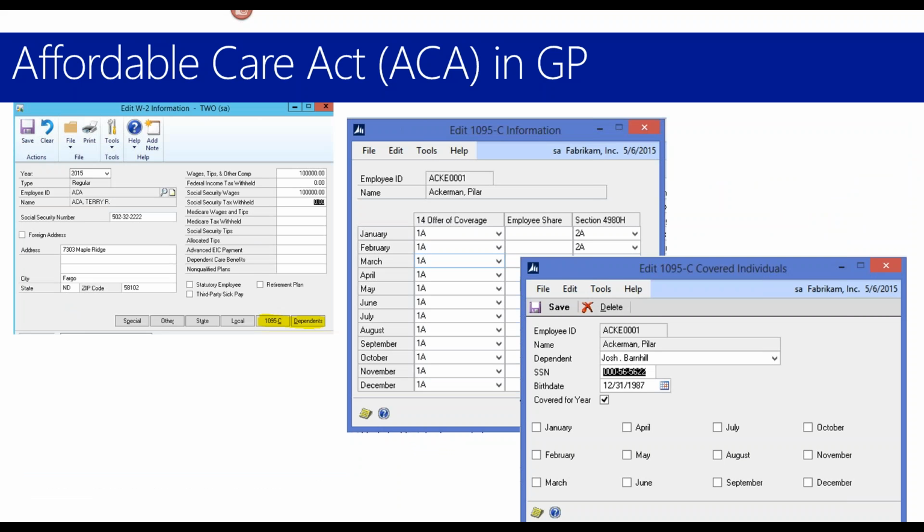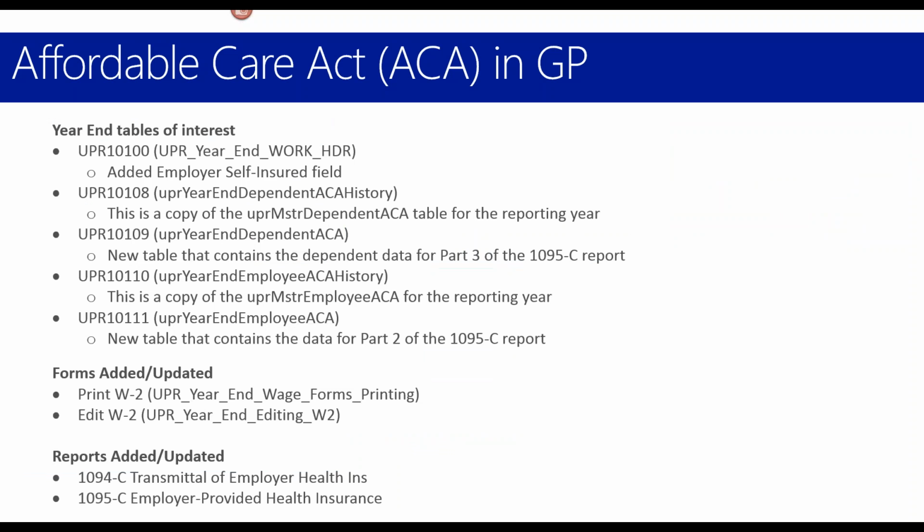In addition, on the Edit W-2 screen, two more fields were added, and this is where you can override any information that comes over. So if it comes over there, you can override it. Again, for people tracking this information, year-end tables, UPR 10, 100, 108, 9, 10, and 11 were all updated with this information.